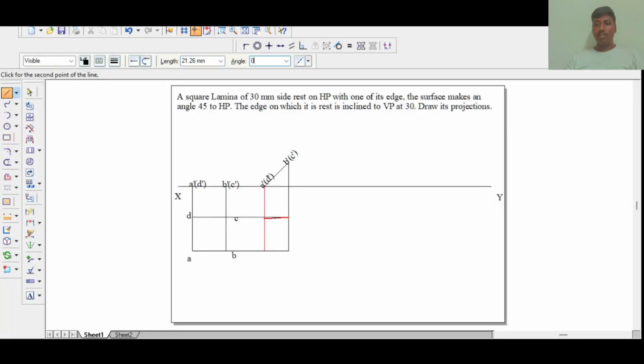And then if anywhere there is a distorted line, just take 0 degree angle and then draw the lines. Connect all the corners and then name the corners. And then draw leader lines for the projected lines.